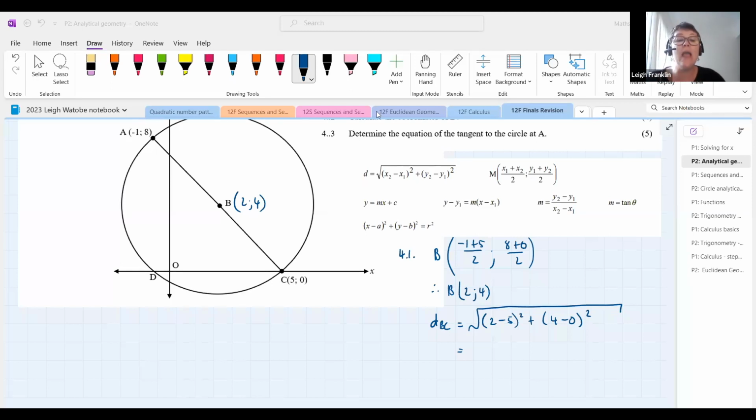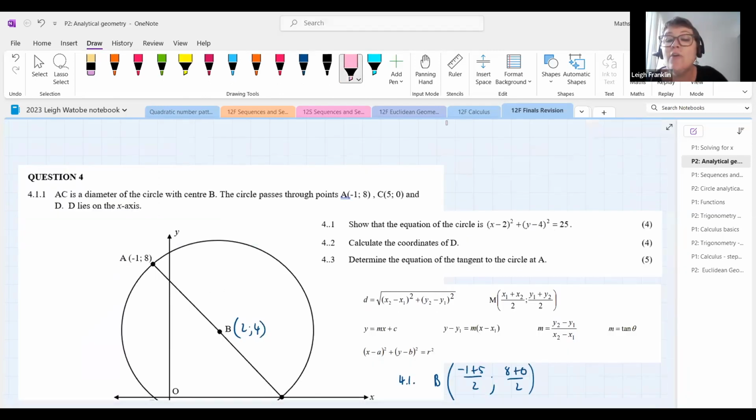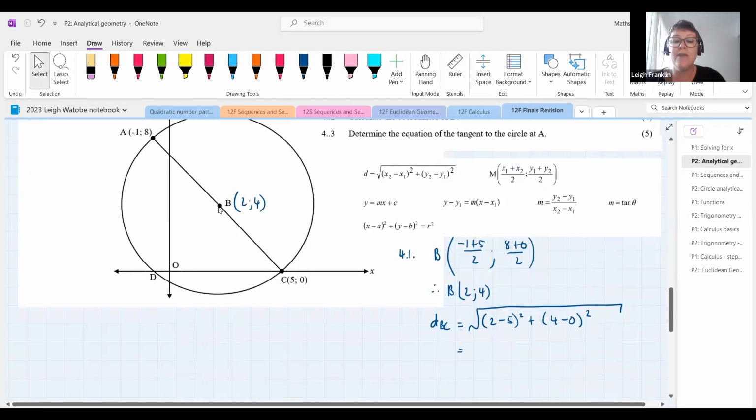Good. All right. And we're happy about that. That's what we were expecting, isn't it? Because when we look at the question, we can see over here that this is 25. Remember, what is on the right-hand side here? That represents r squared. Very nice.